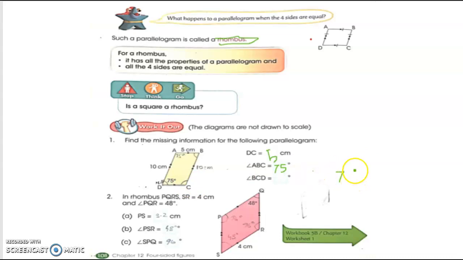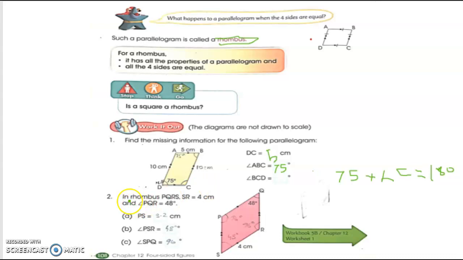So that means 75 plus angle C is equal to 180. You can find out the answer.